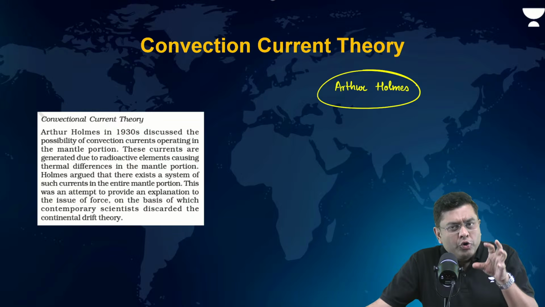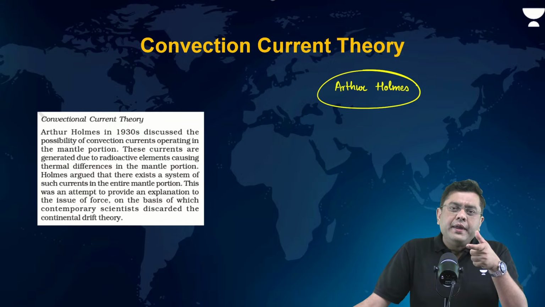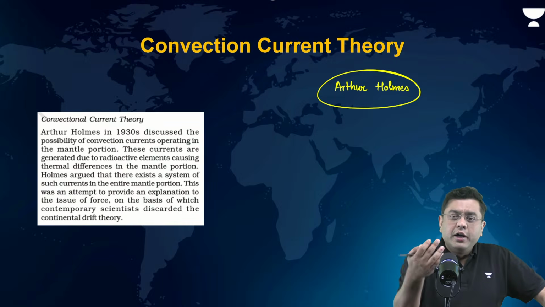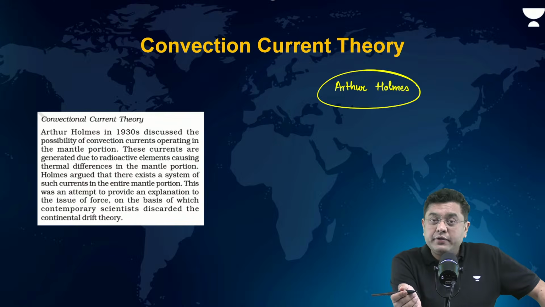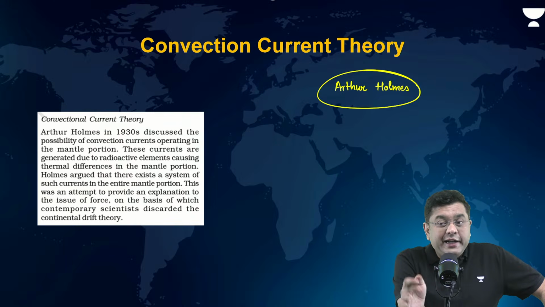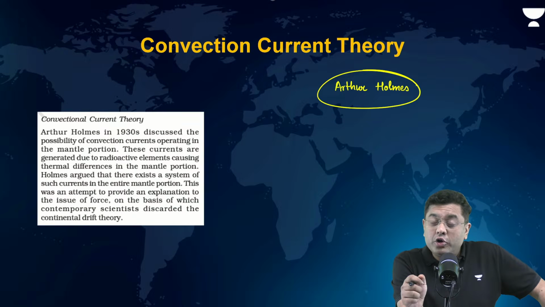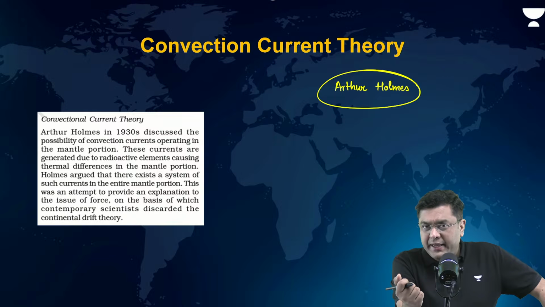Now, when Arthur Holmes started to study this, that is when he got interested in the question: what if radioactive materials are present in the interior of planet Earth as well? If radioactive materials are present in the interior of planet Earth, they would be generating a lot of heat. Now, what would happen as a consequence of that heat?